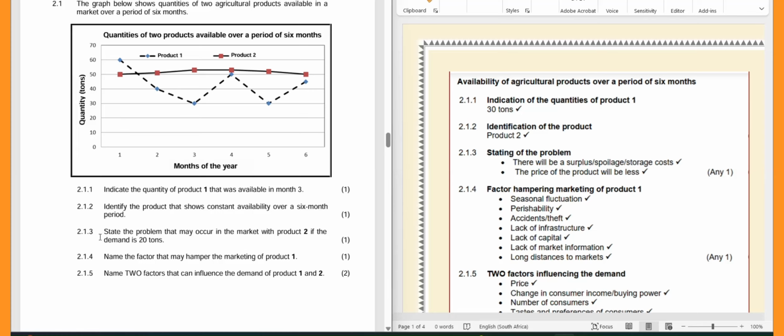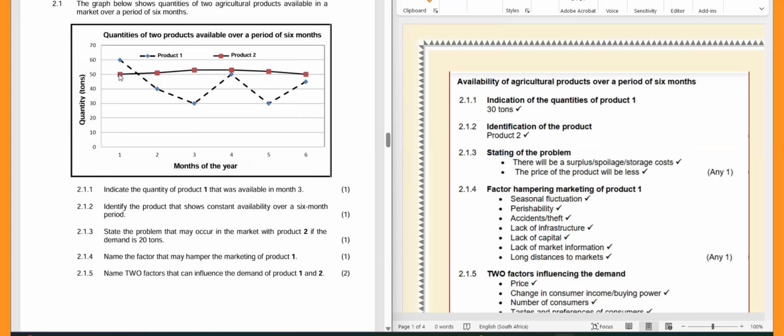Here they're telling us we have a demand, the quantity demanded, which is 20 tons. Okay, the quantity demanded, that's 20 tons, and we are looking at product 2.